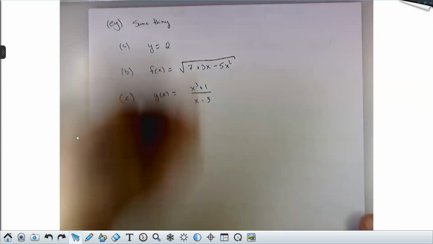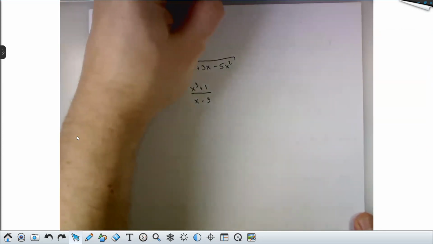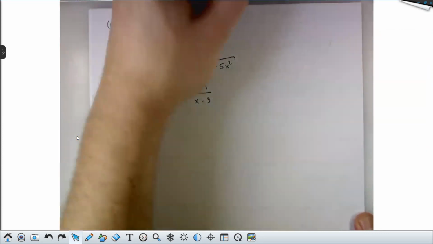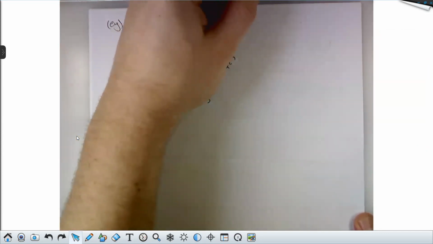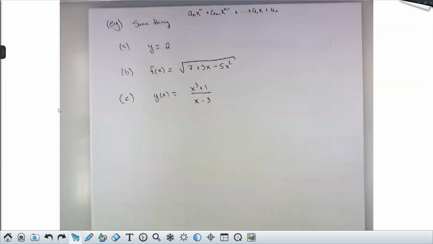So our definition, write this down. I'm just going to write it shortly. a_n x to the n, plus a_(n-1) x to the n minus 1, down to a_1 x plus a_0. Wouldn't that just be linear? Technically, you could classify this as a linear function.